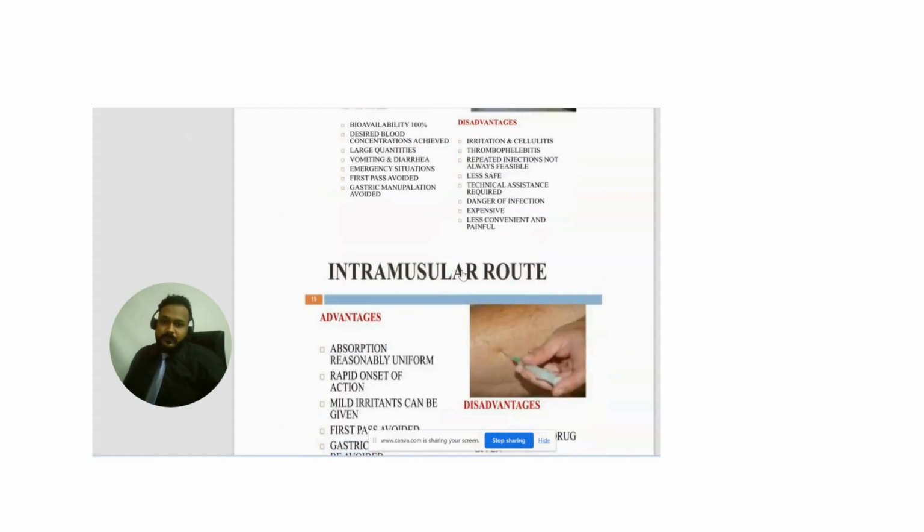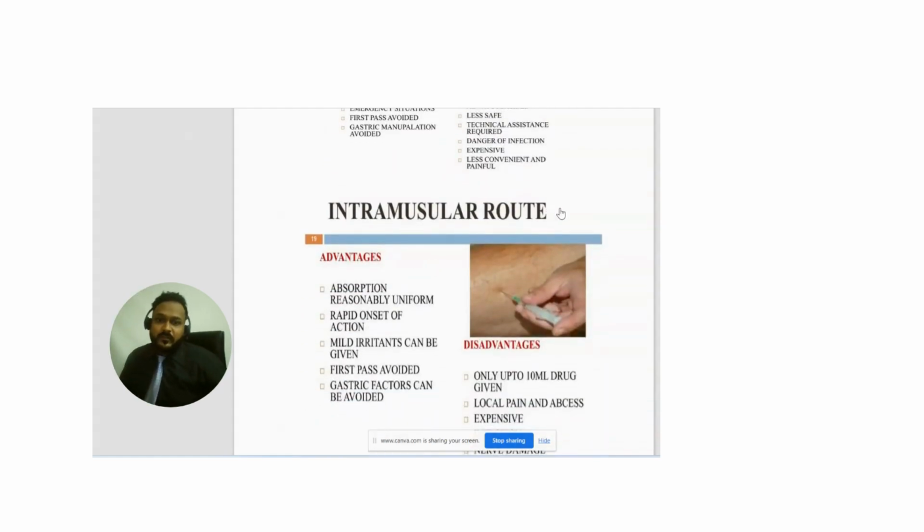And now we move to the intramuscular route. As we have seen, the location of intramuscular is at a 90 degree angle at the muscles; gluteal muscles or deltoid muscles are very common sites for these injections, and especially the drugs which contain an oil base are given intramuscularly.